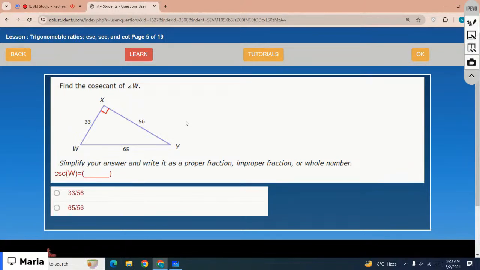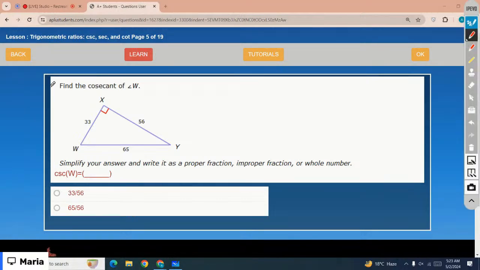Okay, the next one is what is cosecant of angle W? Okay, let's see. Here is angle W. And cosecant of angle W is that would be hypotenuse over opposite, right? So according to the figure, hypotenuse is 65 and opposite is 56. Sorry, that is 65 over 56, isn't it?